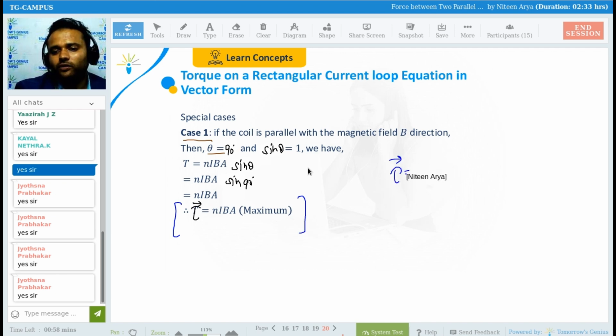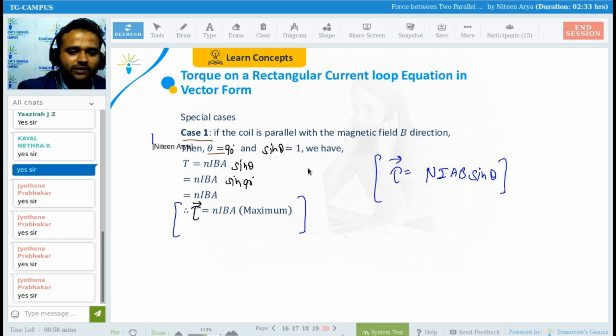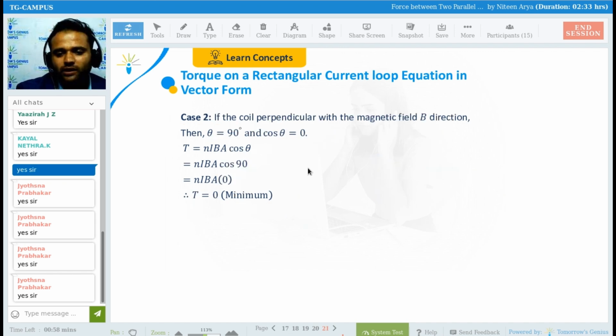As we know, torque tau equals NIAB sine theta. So we have two cases for that. The first one is when theta equals 90 degrees, we have the maximum value. And when theta equals 0 degrees, we have the minimum case.